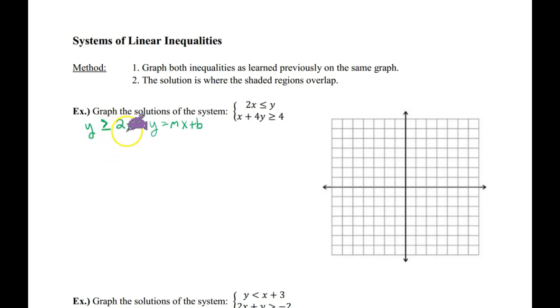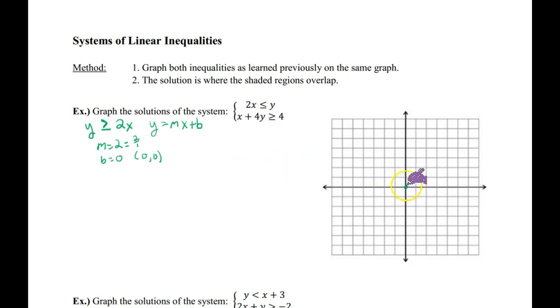So looking at this, the coefficient to the x is 2, meaning the slope is 2, and there is no y-intercept value. That means that I've added nothing, it's plus 0, and the y-intercept is at 0, 0. So starting at the origin, I can use my slope of 2, which is rise over run, and we write that as a fraction. 2 is the same thing as 2 over 1.